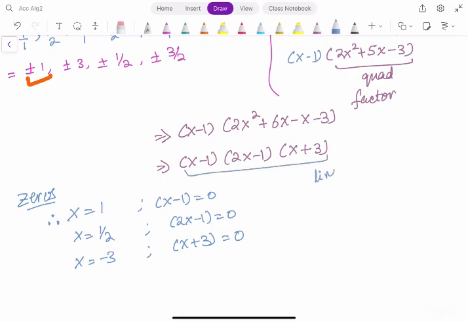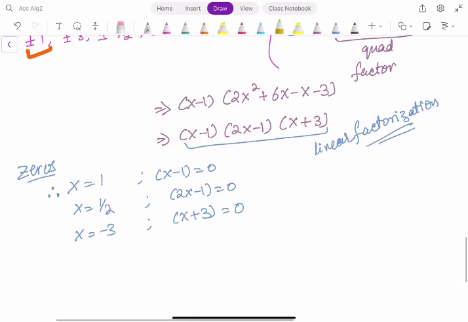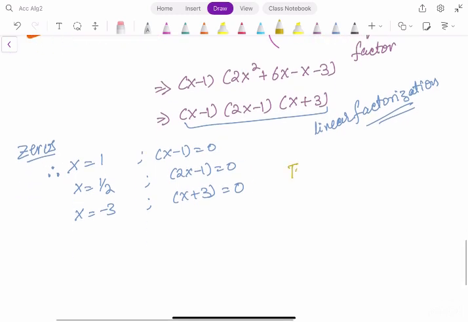Now you have seen me how I solved this question, right? Finding p and q, and then the factors, then trial and error, and then the quadratic. Try one question on your own and practice it. So try this one.